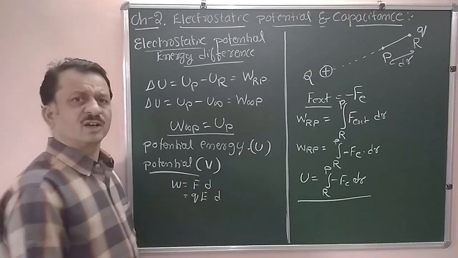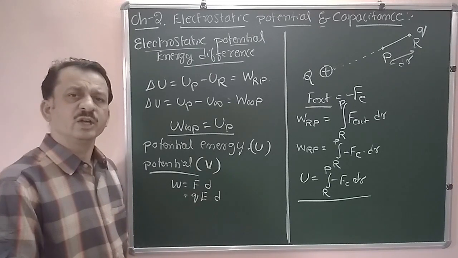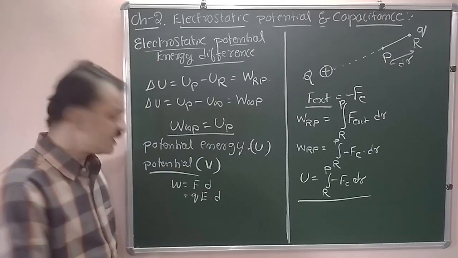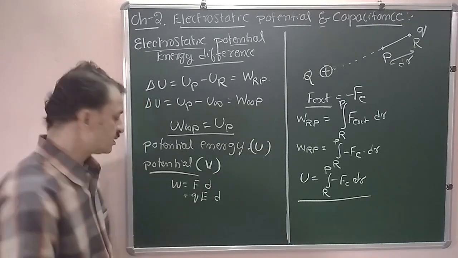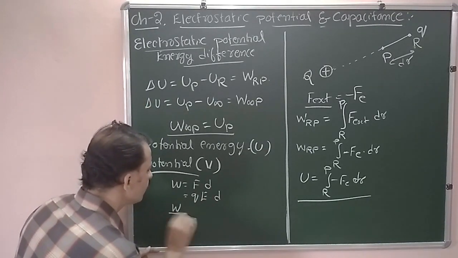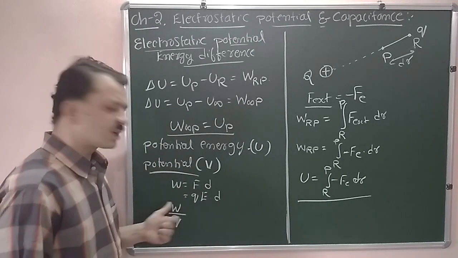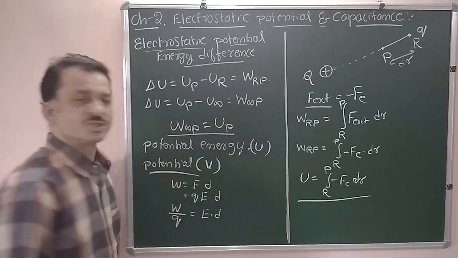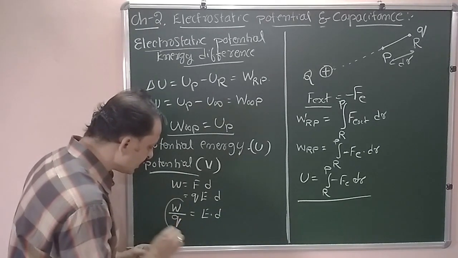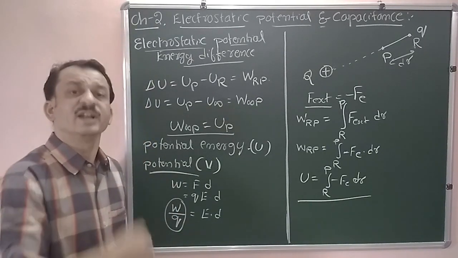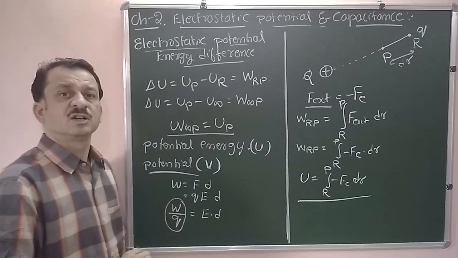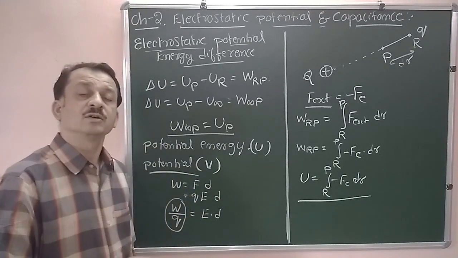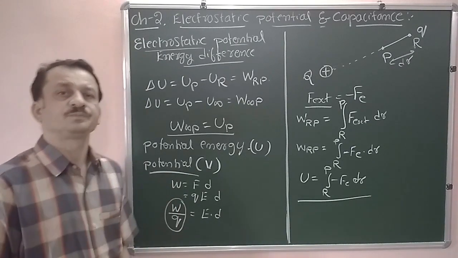Now let me define one more quantity which is charge independent, that means it does not depend on the test charge. For that I have to divide the work done by the charge. Then I get E into some distance D. Now this quantity, which is independent of the test charge, gives the definition of electrostatic potential.